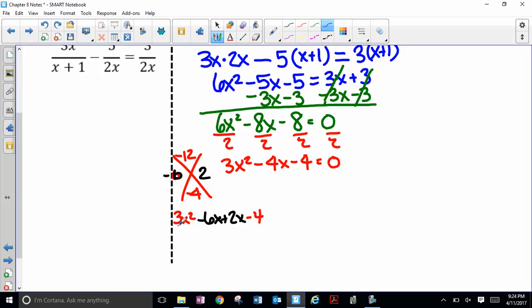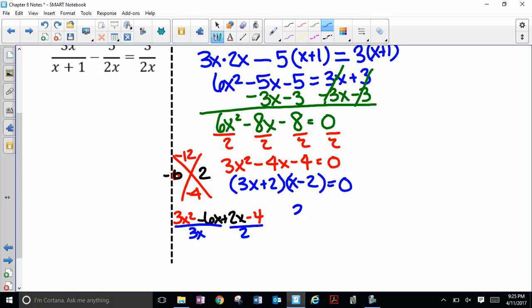Then see what you can pull out. So here I can pull out a 3x. Here I can pull out a 2. So that means 3x plus 2 is one of my parentheses. The other one is what's left over. So when I divide 2 into that, I just get x. Negative 4 divided by 2 is negative 2. So x minus 2 is my other parenthesis.